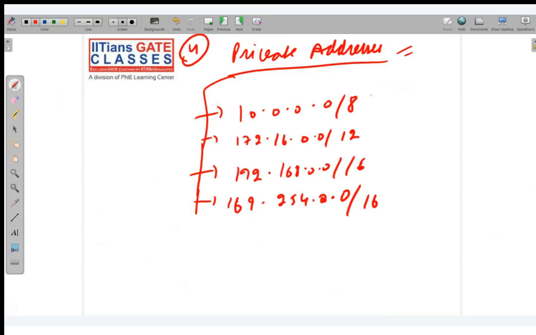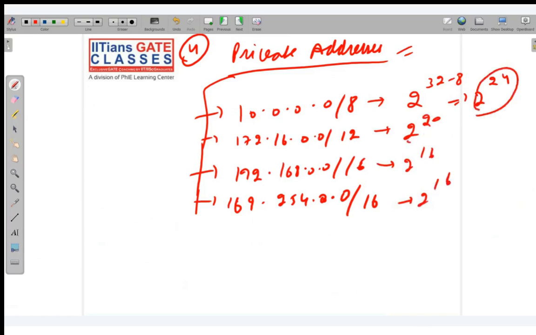So how many IP addresses are there? 2 power 32 minus 8 comes out to be 2 power 24. Then 2 power 20, 2 power 16 and 2 power 16. So there are very large numbers of addresses: 2 power 24, 2 power 20, 2 power 16, 2 power 16. Add them and you will get the total private addresses.